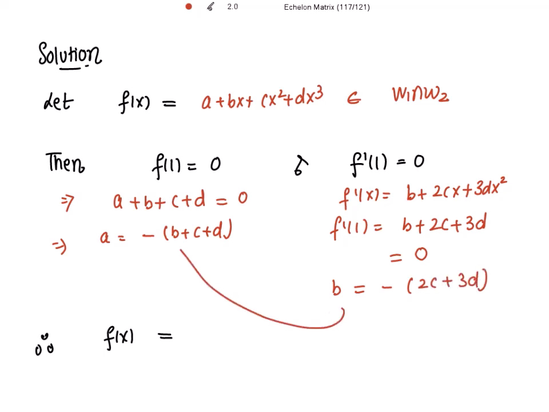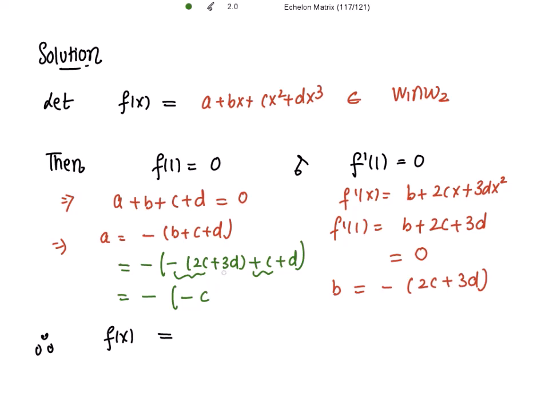Let's put this value over here. So we get a = -(-(2c + 3d) + c + d), that is, minus of (-2c - 3d + c + d). Here -2c plus c becomes -c, and -3d plus d becomes -2d, so a = c + 2d.